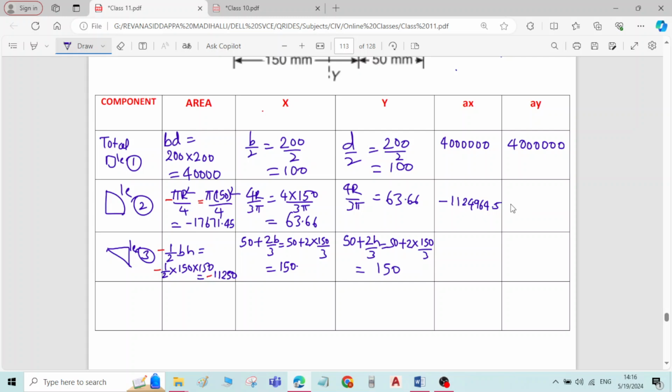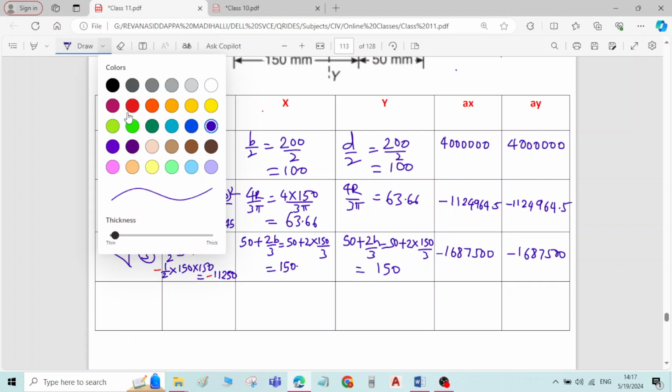Here also the same answer, minus 1124964.5. For the triangle, the answer is minus 1687500. Now calculate the total answers.